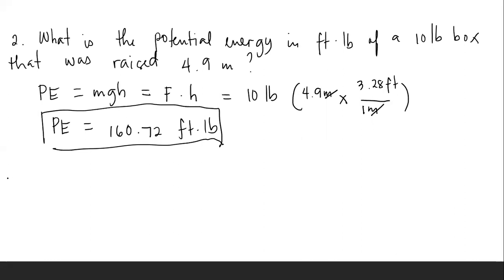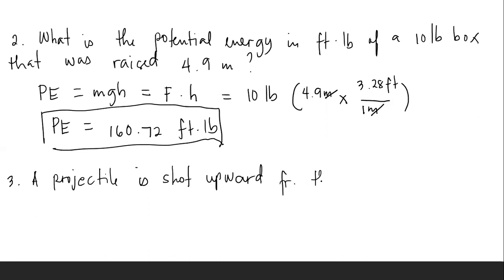Example number 3. A projectile is shot upward from the earth with a speed of 30 meters per second.